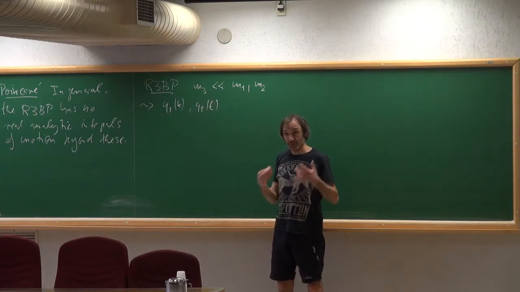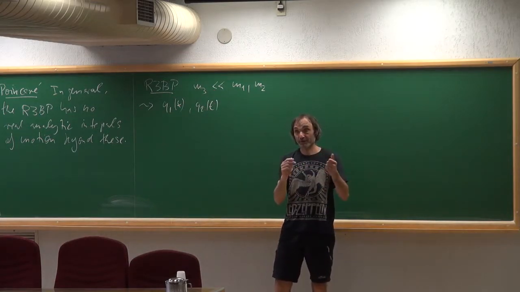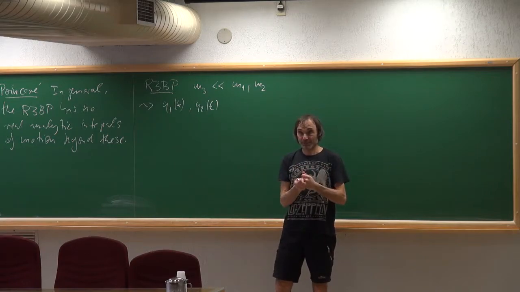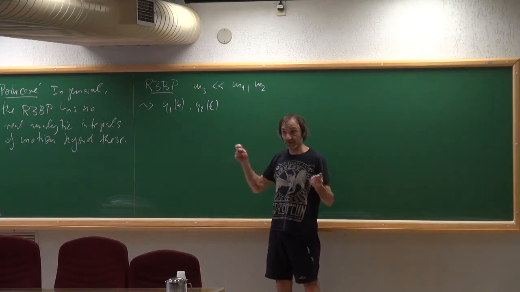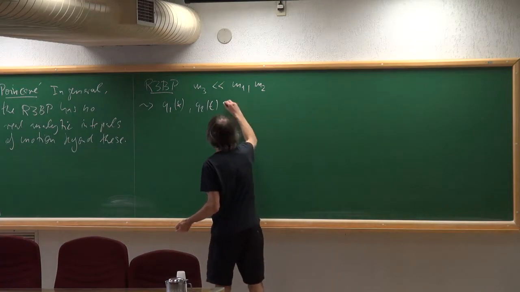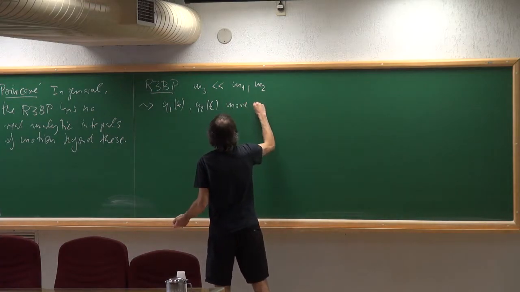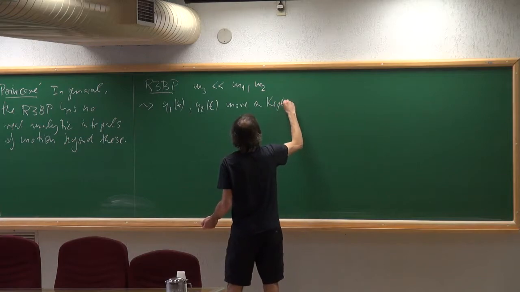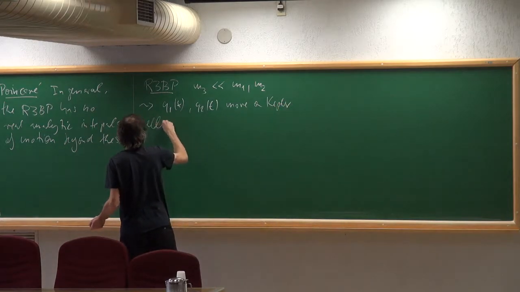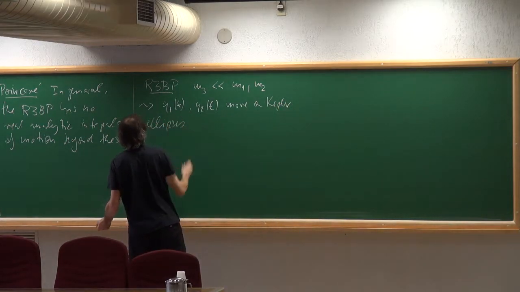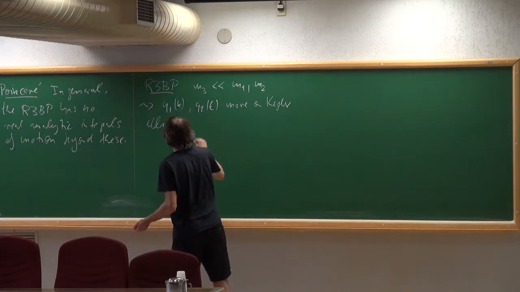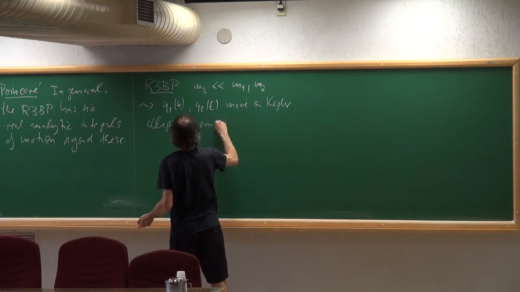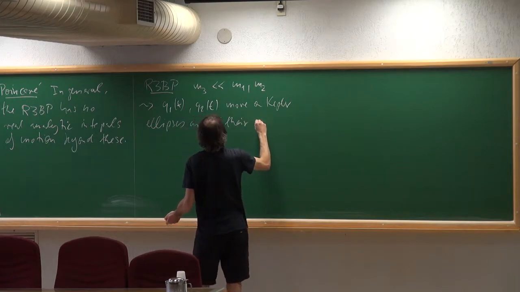So you can first solve for the two heavy bodies, M1, M2, and their positions. They move on Kepler ellipses around their center of mass.